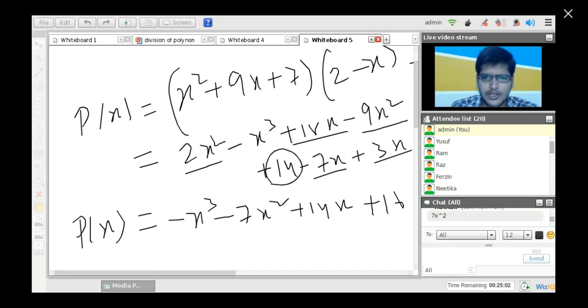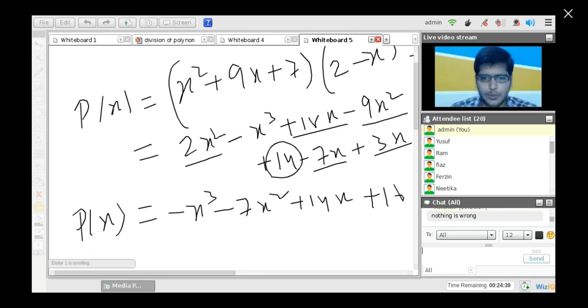Rushat, is it plus 7x squared you're talking about? If you observe x cube is there, 2x square and minus 9x square. Minus 9, it is minus 7x square if I'm correct. Yes, I have written it as minus 7x square only, Rushad. Check your calculations once again.